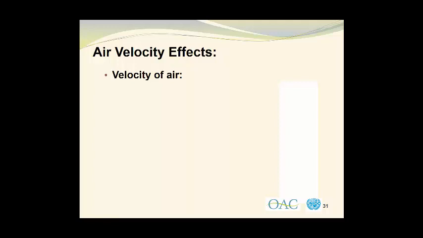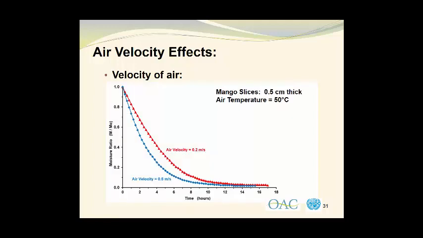Now let's take a look at the effects of air velocity on the rate of drying. So in this case, we have mango slices that are 0.5 centimeters thick and an air temperature of 50 degrees Celsius. In the two drying trials that were conducted with different air velocities, we see what happens when we have a very slow air velocity of 0.2 meters per second compared with an air velocity of 0.5 meters per second, as shown by the curve in blue.